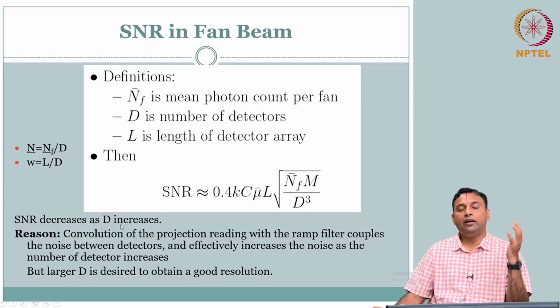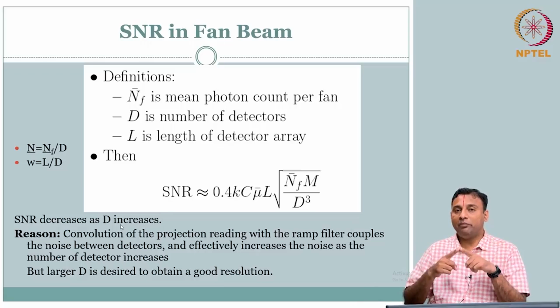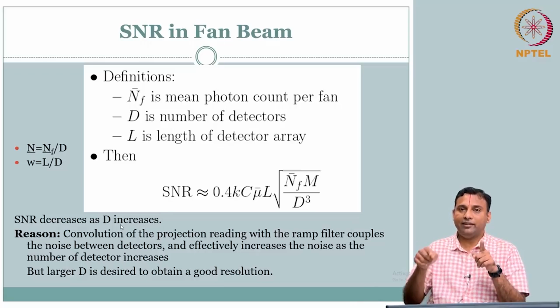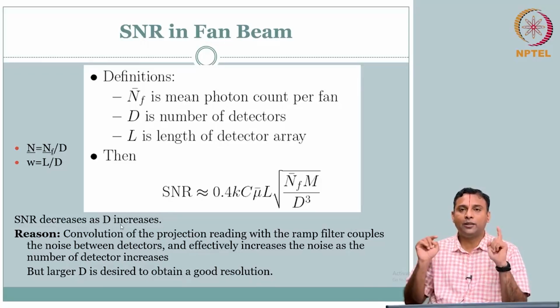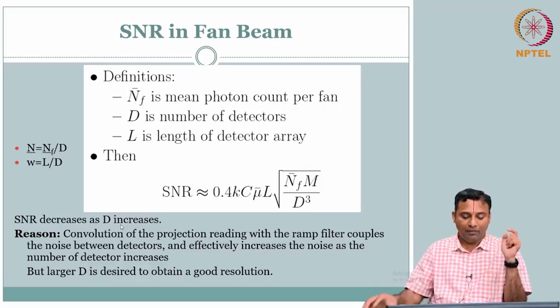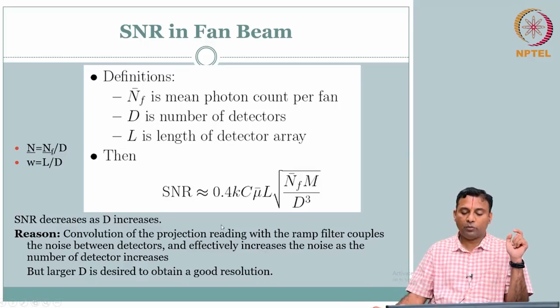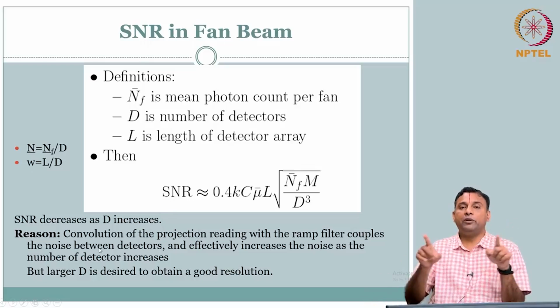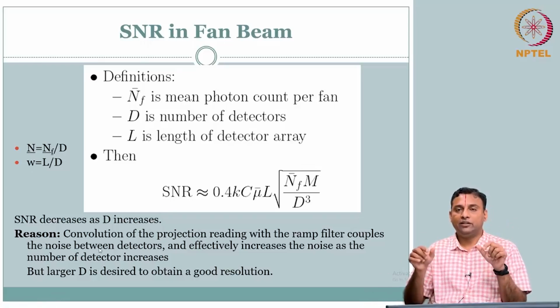Why would that be? Right? Oh, what assumptions did we make? In parallel ray, we said neighbors don't disturb each other, independence. Whereas it turns out in fan beam, the convolution of the projection, right? You have this ramp filter that kind of couples noise between the adjacent detectors.